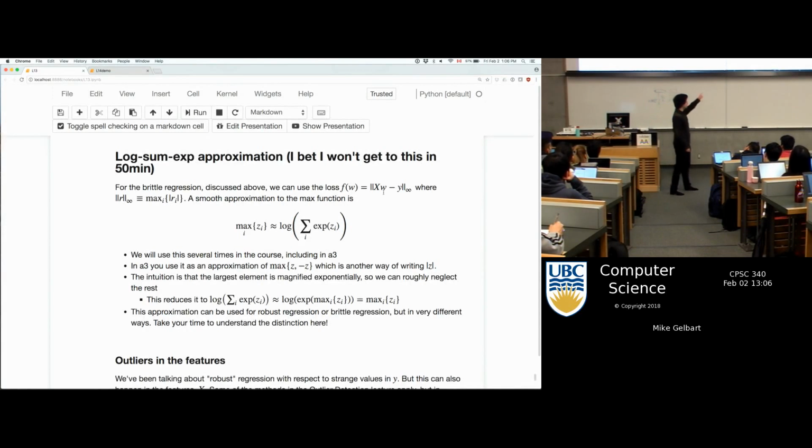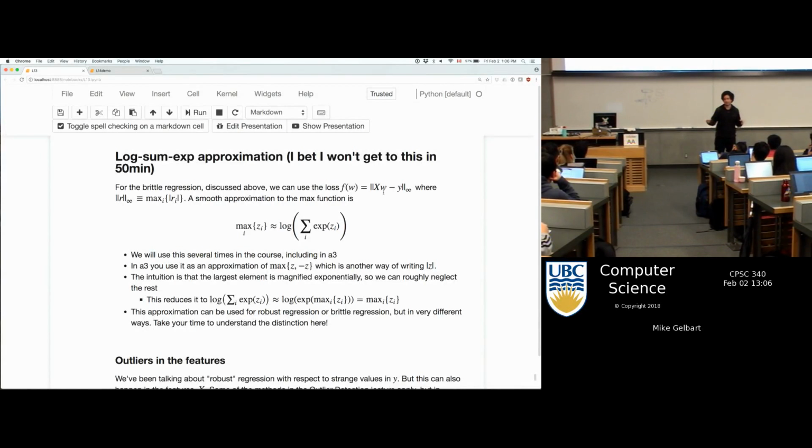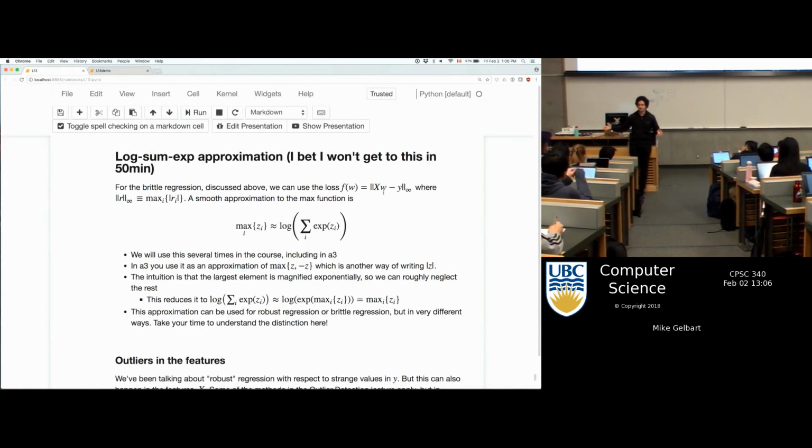So when we take exp of all of our things, not exactly, but roughly, we now have a sum of these exponentiated numbers, and roughly only the biggest one really matters, especially if the numbers are nicely separated. And so we can approximate this by, we'll just ignore all the numbers except for the biggest one.